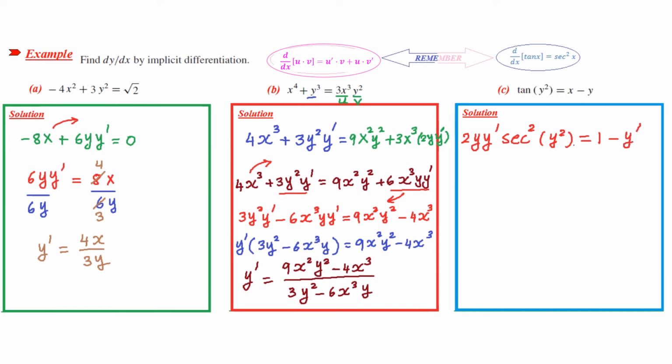Then you have to group any term having y prime on the left hand side. So you have to move y prime to the left hand side, and you will get 2y prime secant square y square plus y prime equals to 1.